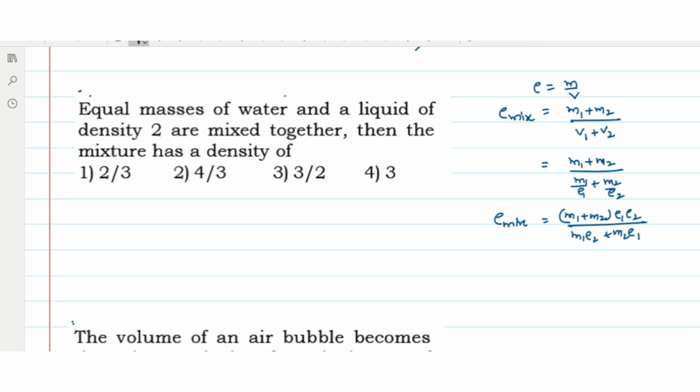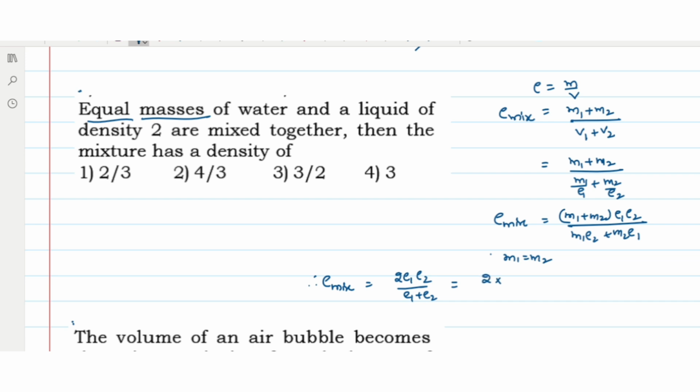Here equal masses means m1 equals m2. Then the density of the mixture, when you put these values, is 2 rho 1 rho 2 by rho 1 plus rho 2.